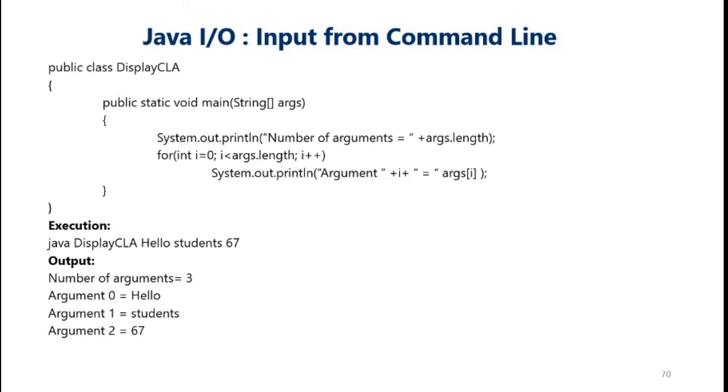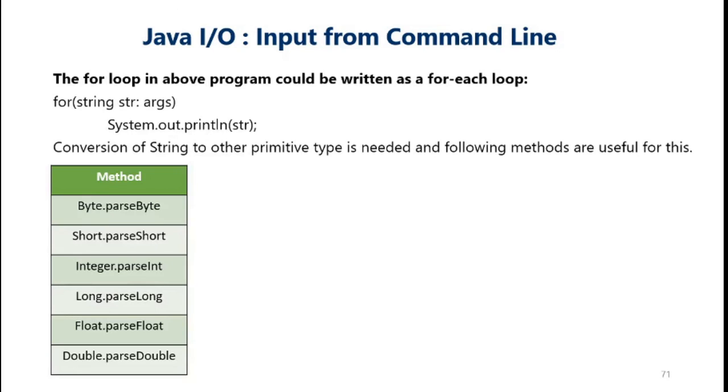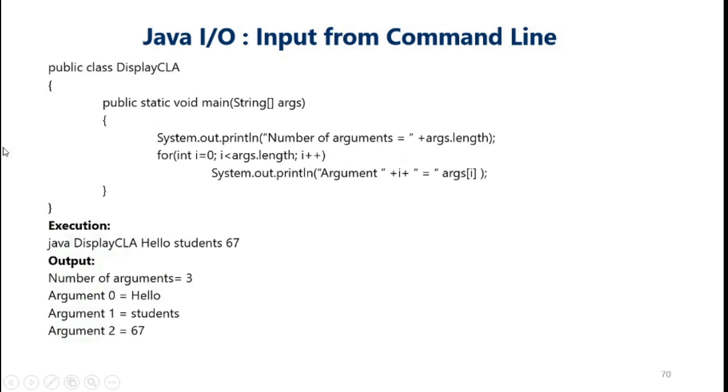Now if we want to pass arguments of some type other than string, then explicit conversion should be made. There are some conversion methods given in this table. Whatever arguments we have passed during the command line, we have displayed here.